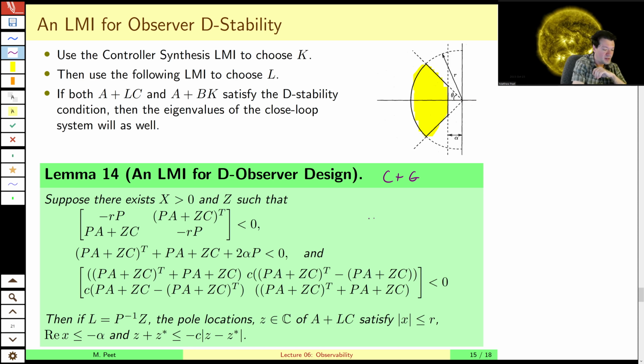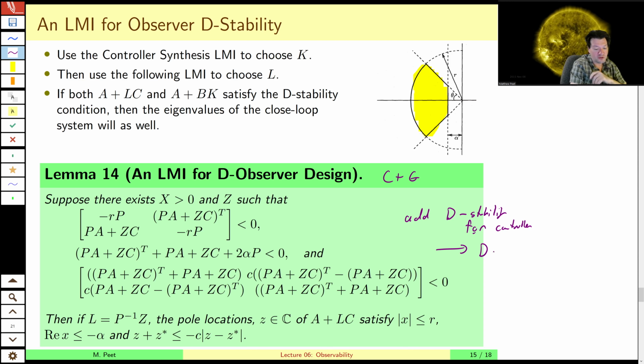So if we add D-stability for the controller, then we get D-stability for the closed loop observer-based controller.